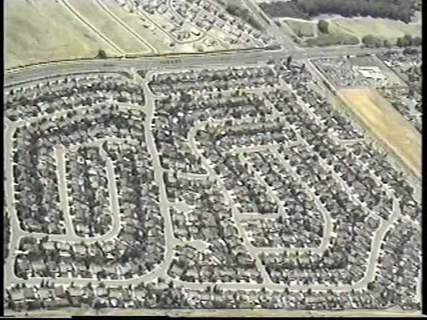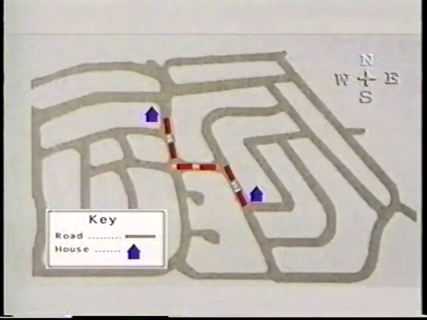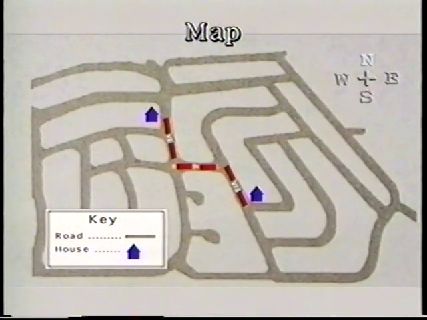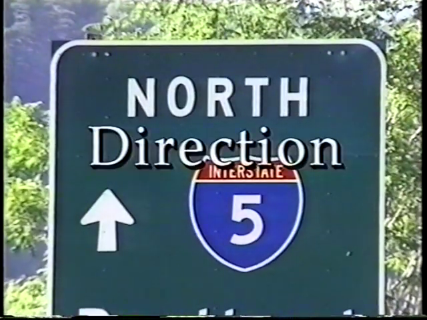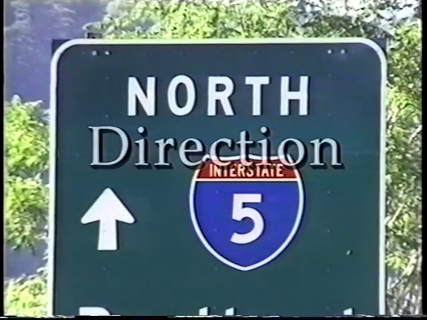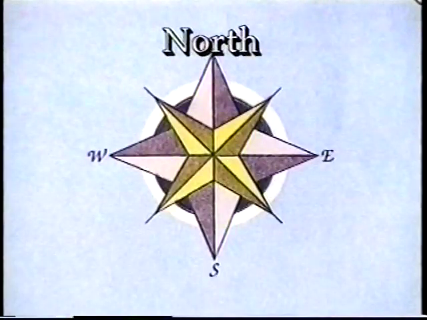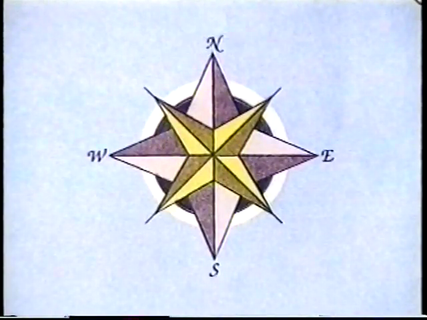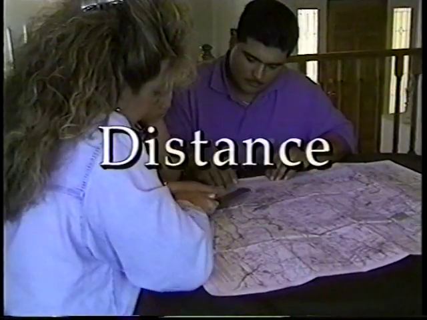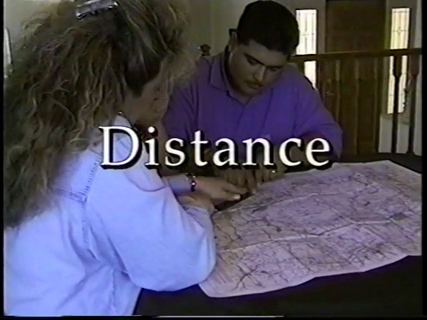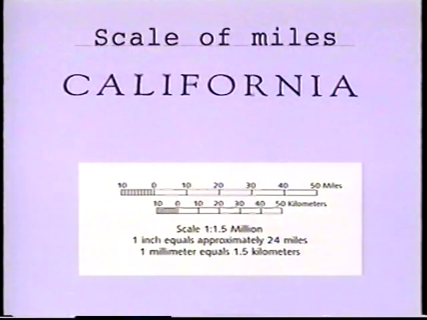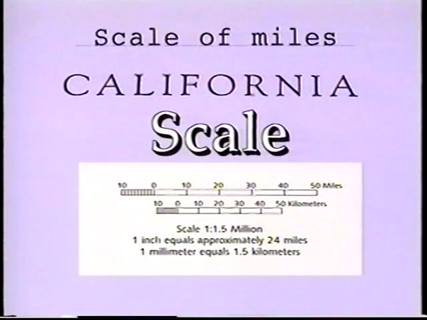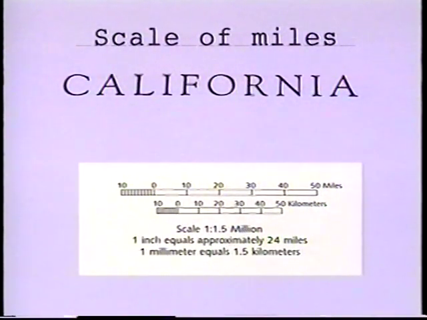Maps are flat drawings of places as seen from above. Maps show us things like direction and distance. Maps show us scale, so we know how big an actual object is.